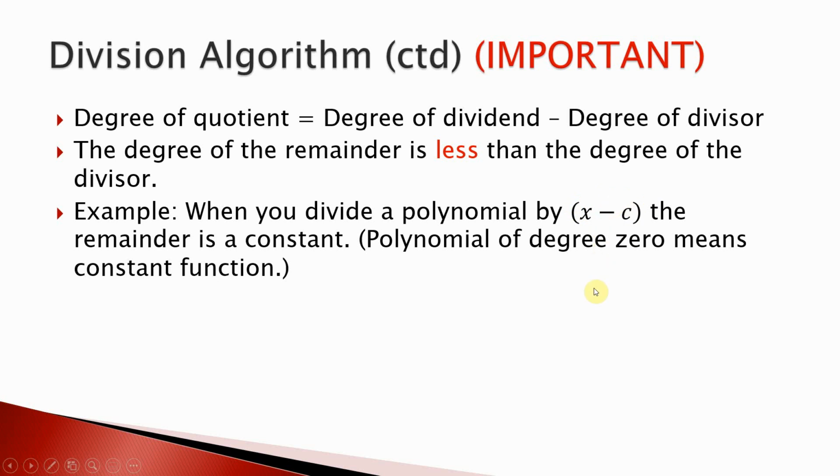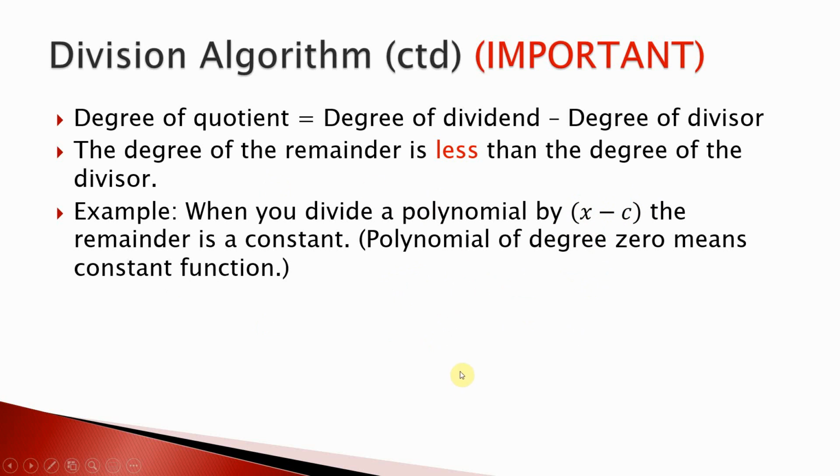Polynomial with degree 0 means it's a constant function. If you divide it by a quadratic polynomial, the remainder can be a linear polynomial, which we discussed earlier.